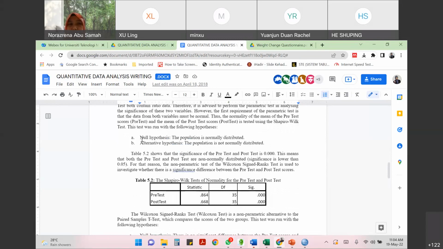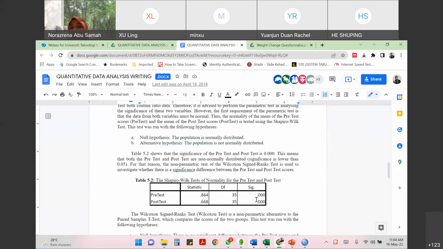Look at the hypothesis: there is above and below, null and alternative. For null, the population is normally distributed. The alternative is the population is not normally distributed. So this one is above, this one is below.